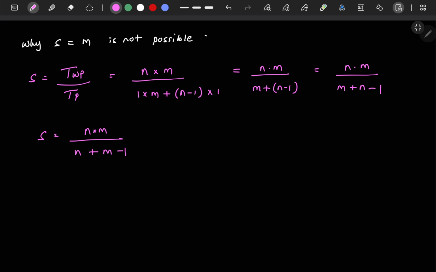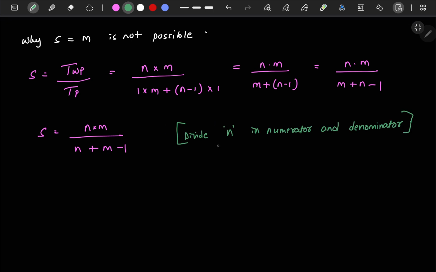Now I will divide the numerator and denominator by n. Let's see what will happen.